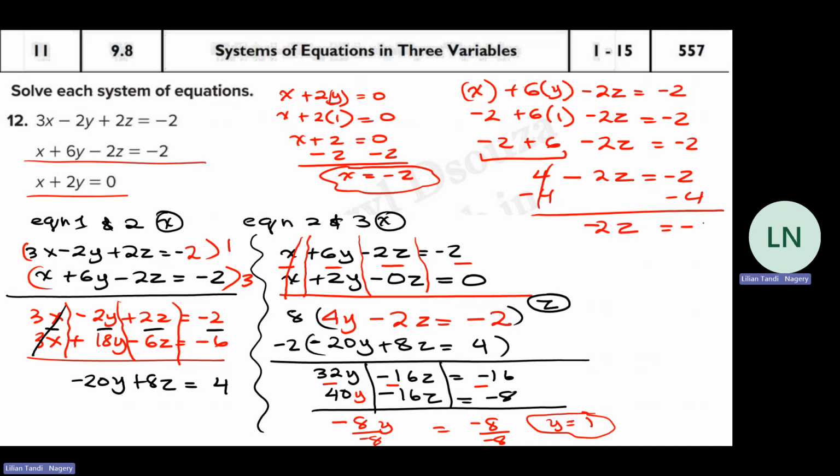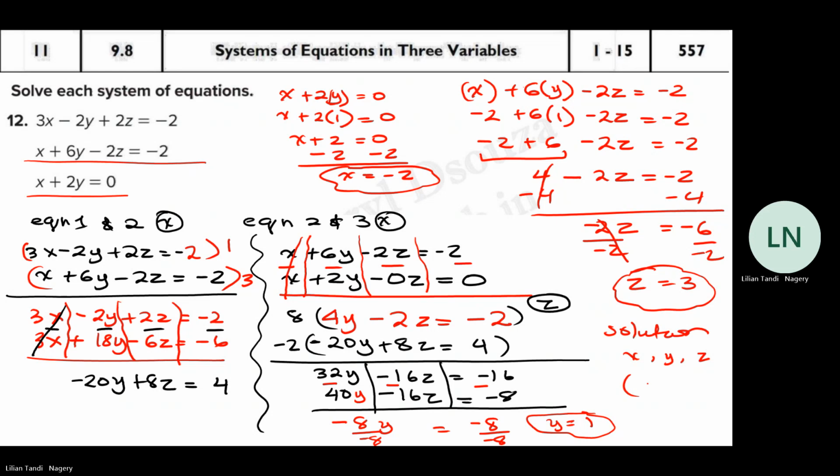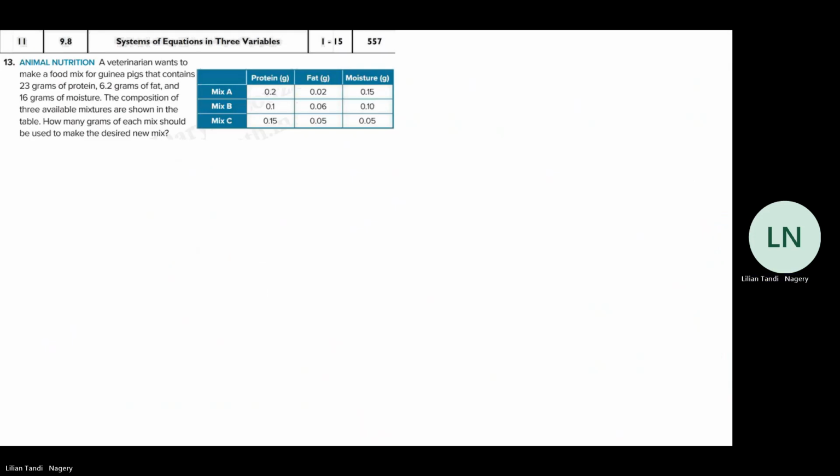Negative 2z equals negative 6. Divide by negative 2. Z equals 3. Okay? Now write your solution. Solution x comma y comma z: negative 2, 1, 3. Box your answer. Okay.